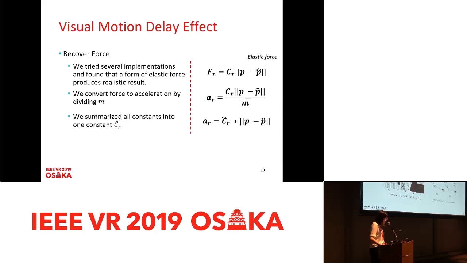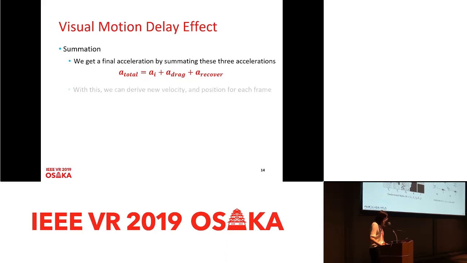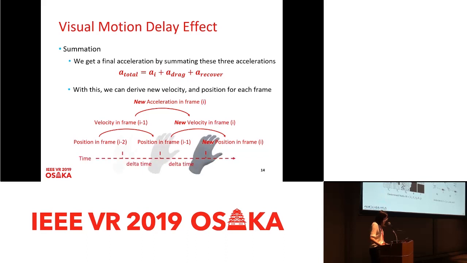We summarize all constants into one constant c hat. Then we can get acceleration for recovering. Finally, we sum all the accelerations we get. With this, we can derive new velocity and new position of the hand.